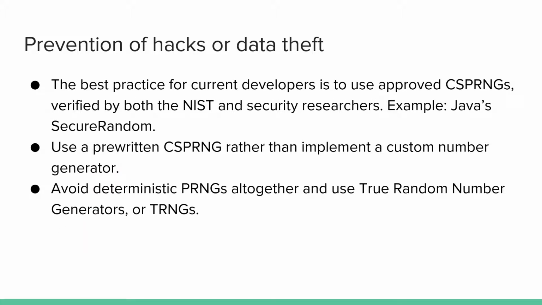So what can we do to prevent such hacks or any kind of data theft that could be because of a CSPRNG? One alternative could be to use a TRNG, true random number generators. Avoid deterministic PRNGs altogether. So what is so special about these true random number generators?